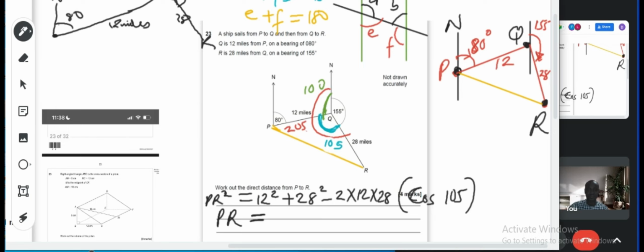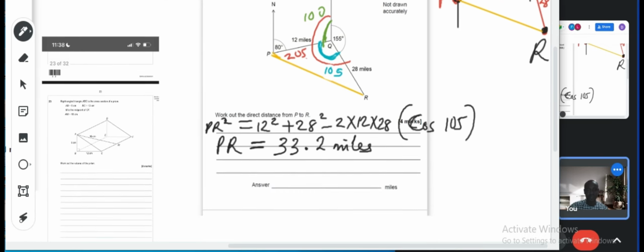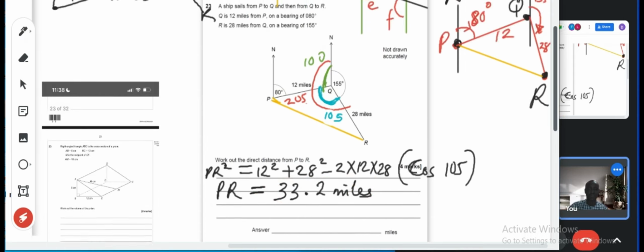I got 33.195. So 33.2 miles will be fine. If it is not stated, you can leave your answer to 3 significant figures. Okay, that's just it.